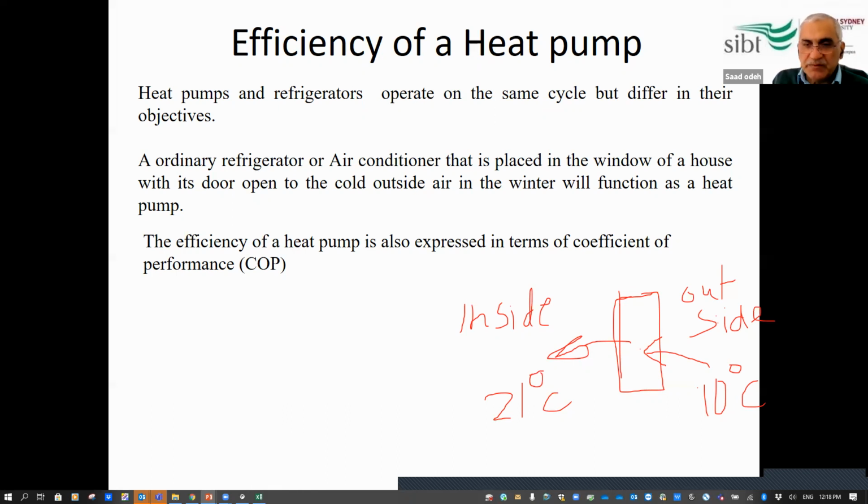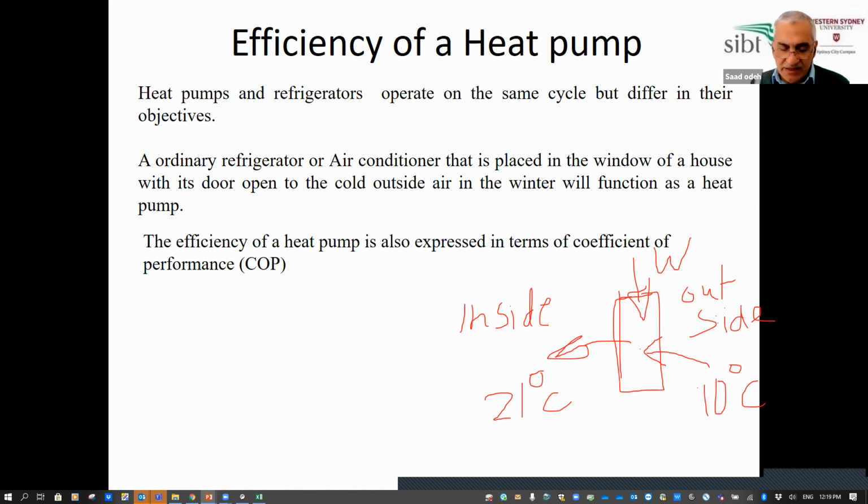That's why we call it a pump, because what we do here, actually, is use the compressor W to compress the refrigerant gas inside the air conditioning system, and pump the heat from outside to inside.